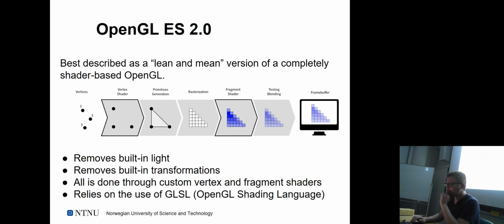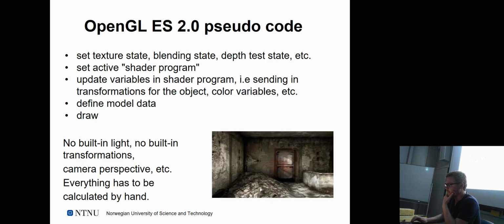Quite straightforward. So in OpenGL ES 2, you need to do more, right? The transformations are on you. The lighting is also on you, as well as the cameras. In practice, in the advanced version, you set the baseline parameters again, similar to the first version, but now you upload the shader program, you link the shader program variables to your C++ code, basically saying, this is the input variable for the shader program.